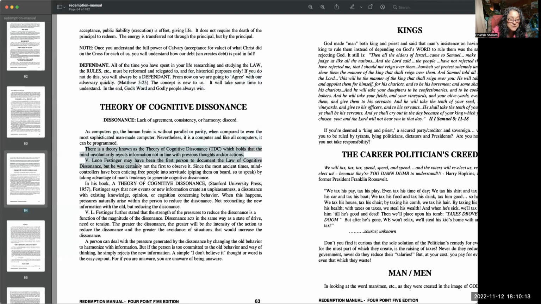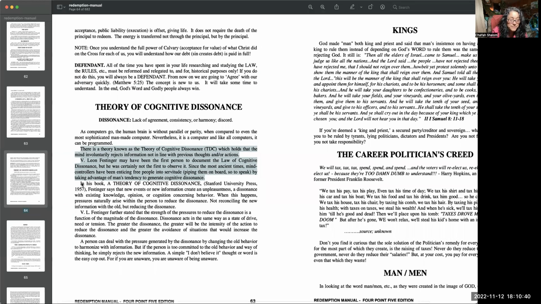Leon Festinger may have been the first person to document the law of cognitive dissonance, but he was certainly not the first to observe it. Since the most ancient times, mind controllers have been enticing free people into servitude, piping them on board, so to speak, by taking advantage of man's tendency to generate cognitive dissonance.